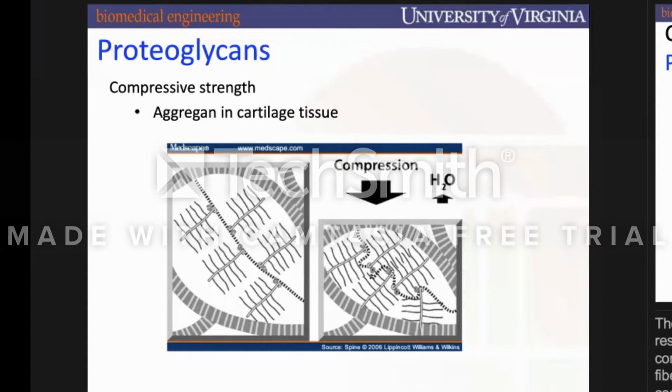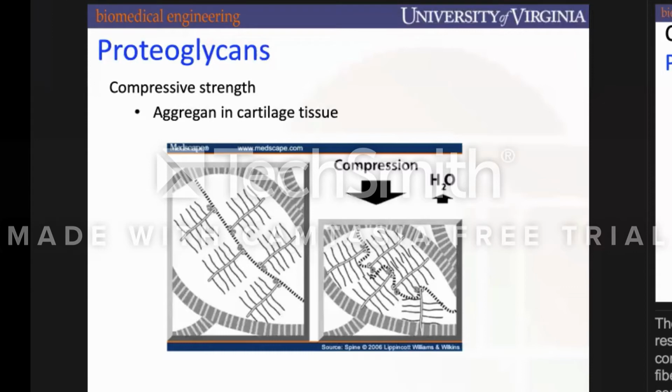And so typically, whenever there's compression, especially in cartilage, if you think about someone doing really heavy squats, the compression on the cartilage will be squeezing out the water and pushing it away. But because of the osmotic pressure and the charge of aggrecan, it's so negatively charged that when it's being pushed around on itself, it's going to want to repel. All of those negative charges together on that one molecule are going to want to repel back, and that helps provide resistance to the compression that's often present in our cartilage.